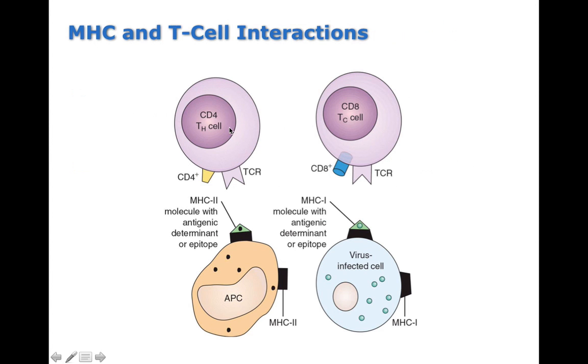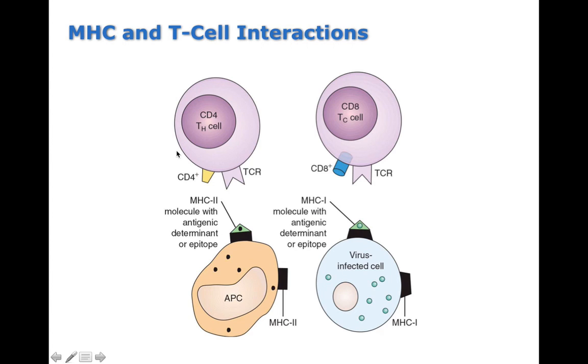Now, our T helper cells are CD4 positive, and that's the type of receptor they can use, and our cytotoxic T cells are CD8 positive. Remember, HIV actually infects CD4 positive cells, like your T helper cells. Our T helper cells can interact with an MHC class II molecule on things like antigen-presenting cells.